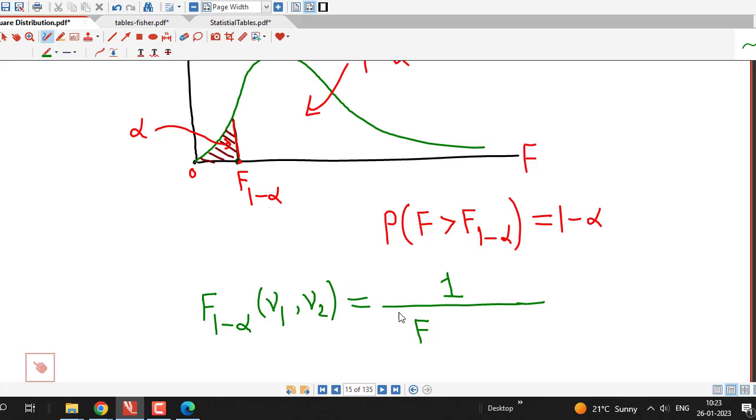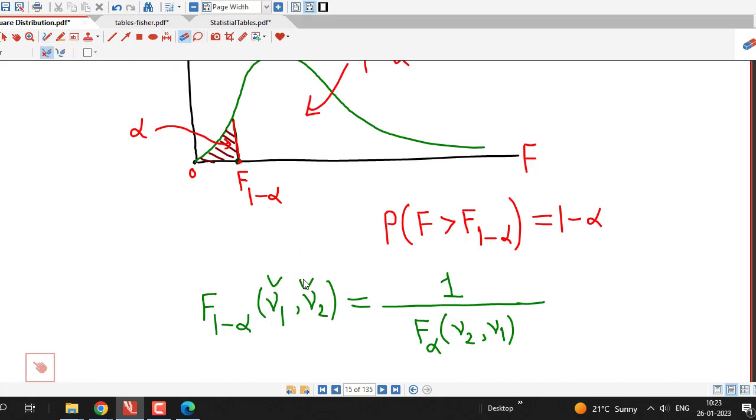We will find the critical value of f corresponding to the right tail probability of alpha, and here we will change the order. Here the first degrees of freedom are for the numerator, so here we will write the denominator degrees of freedom and then the numerator degrees of freedom.